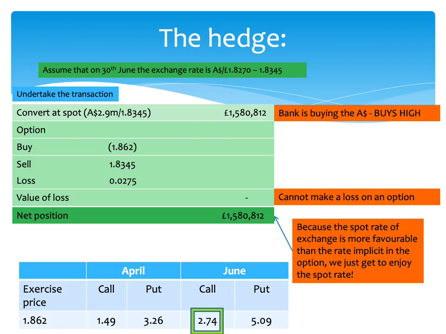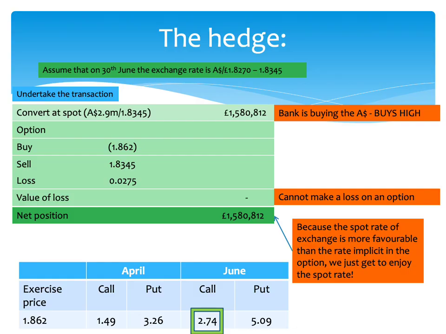So you can hopefully see from there that you've got a premium of 2.74. 2.74 what? Well, it'll be 2.74 cents, so Australian dollar cents, per pound hedged in the contracts. Okay, so per pound hedged using options.